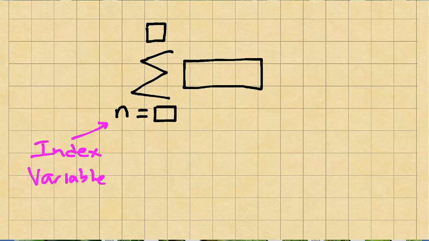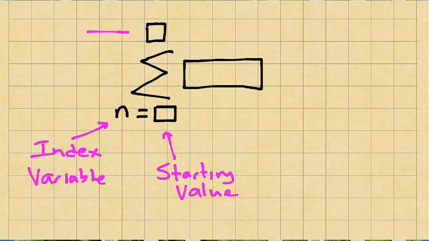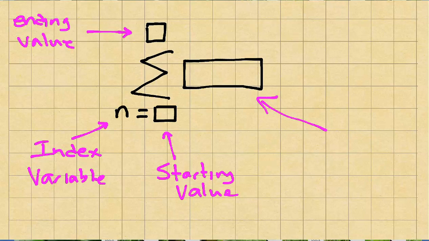This right here is the starting value, so the starting value for the index. This up here is the ending value. And in this box is some sort of rule that you would follow.